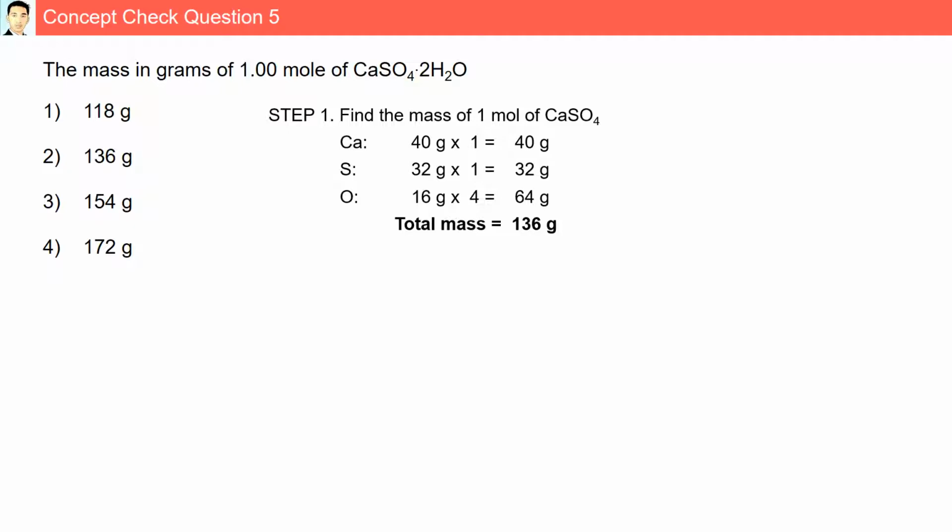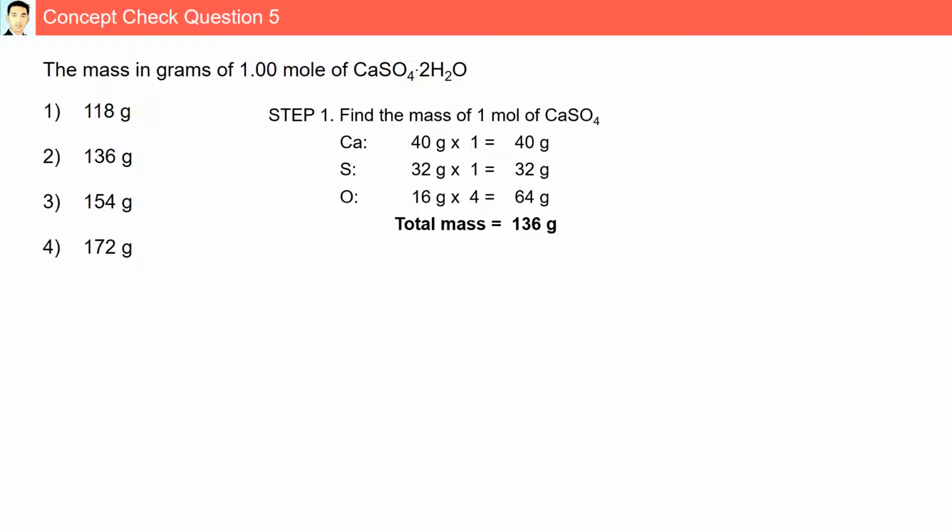In the first step, we do it for CaSO4, the anhydrous component, that is without the water. For calcium, it's 40 grams multiplied by 1, 40 grams. Sulfur, 32 grams multiplied by 1, 32. And for oxygen, 16 grams multiplied by 4, since there are 4 oxygen atoms present. The total mass is 136 grams.